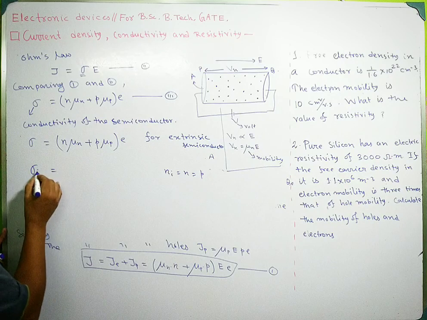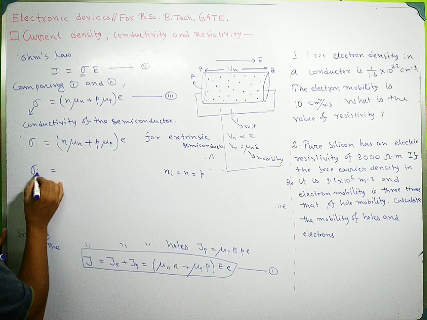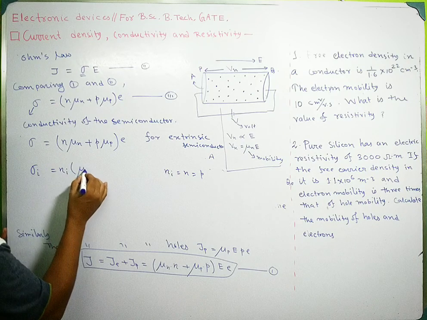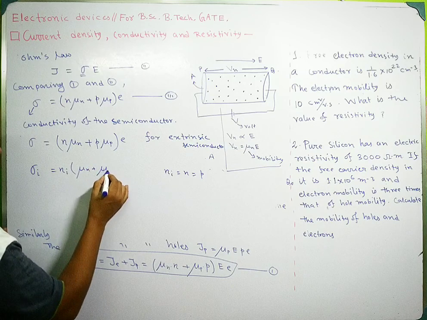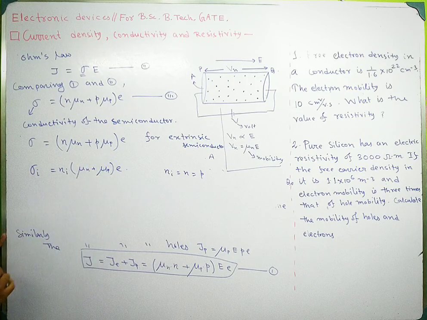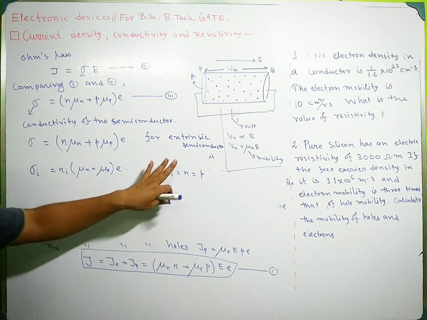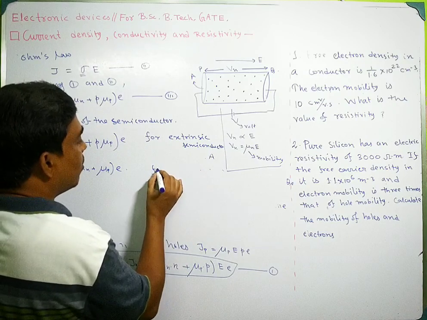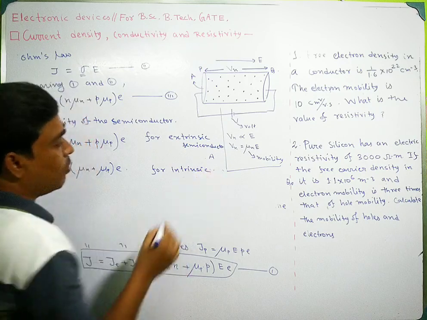So the conductivity for an intrinsic semiconductor can be written as ni into (mu n plus mu p) into e. This is the conductivity for an intrinsic semiconductor.